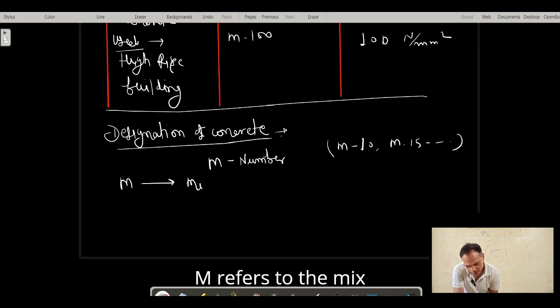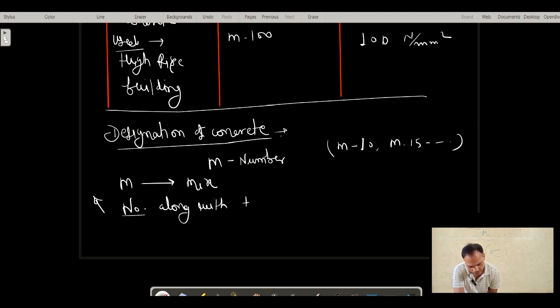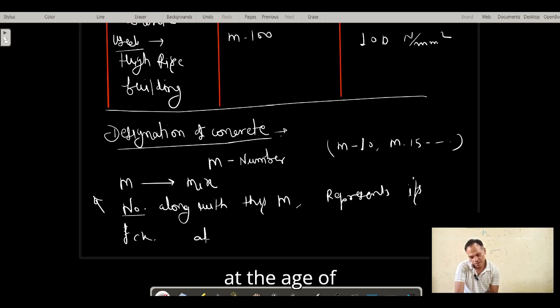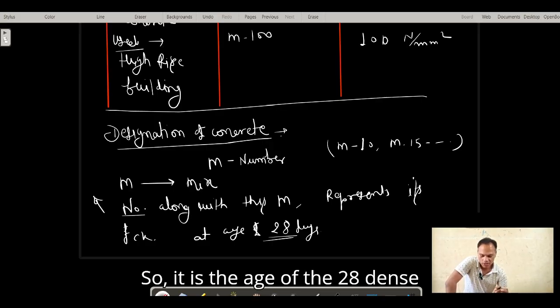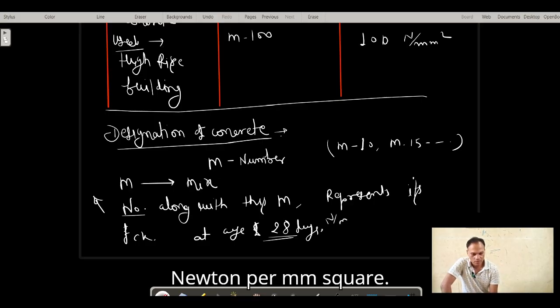Here M refers to the mix, and the number along with this M represents its characteristic compressive strength fck at the age of 28 days, in Newton per mm square.